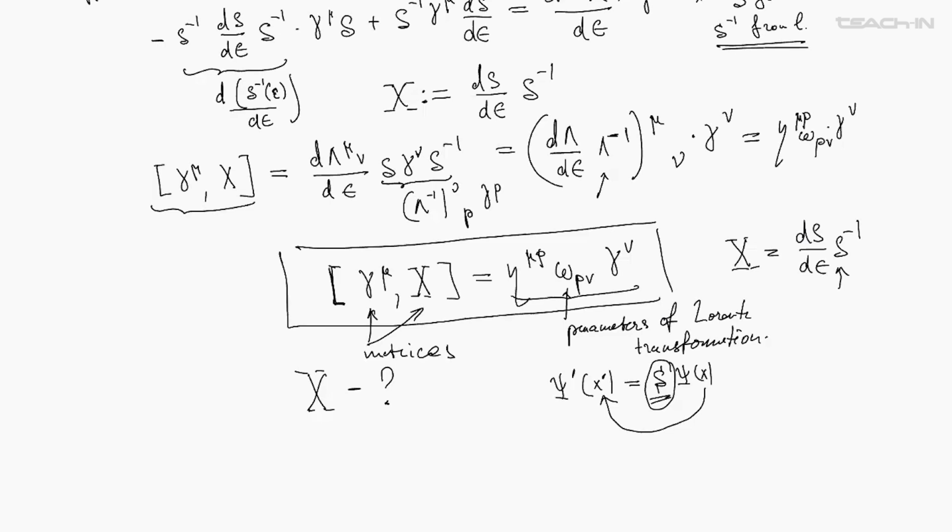And that is essentially what distinguishes scalars from spinors from vectors. All these objects, scalars, spinors, vectors, transform differently under the Lorentz group. And we can say they realize different representations of the Lorentz group. And these different representations of the Lorentz group are characterized by such a quantity as spin.